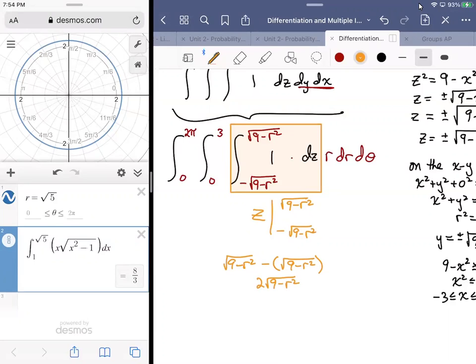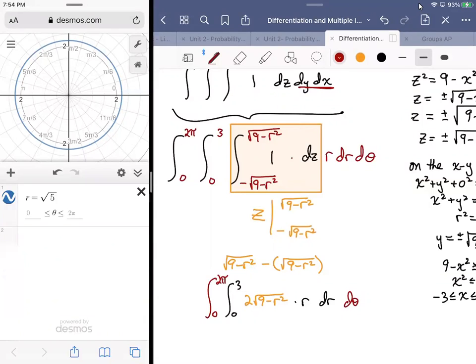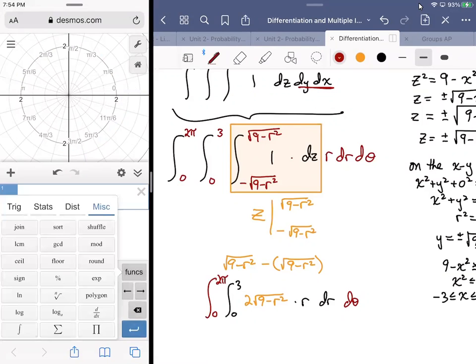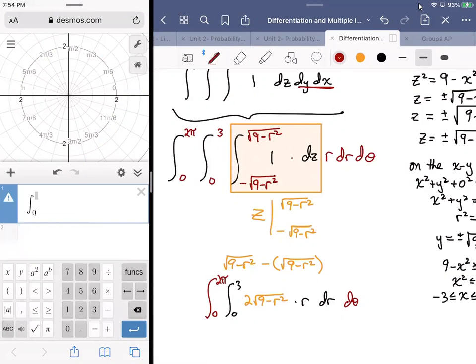Then we go the rest of the way integrating. So I would take this, slap an r on it, dr, integrate that from 0 to 3. And then once we get around to it, 0 to 2 pi with respect to theta. So all calculator all the time at this point. So integral 0 to 3, open paren.